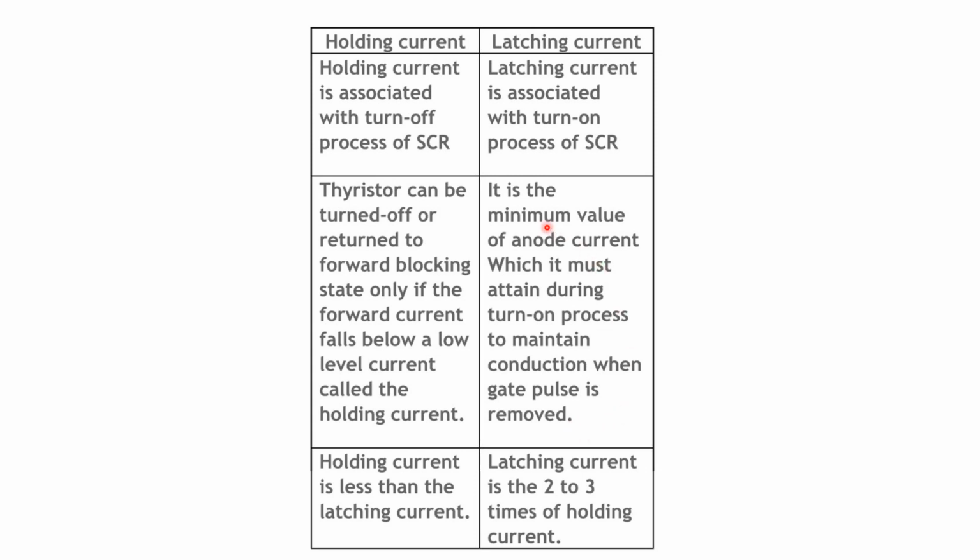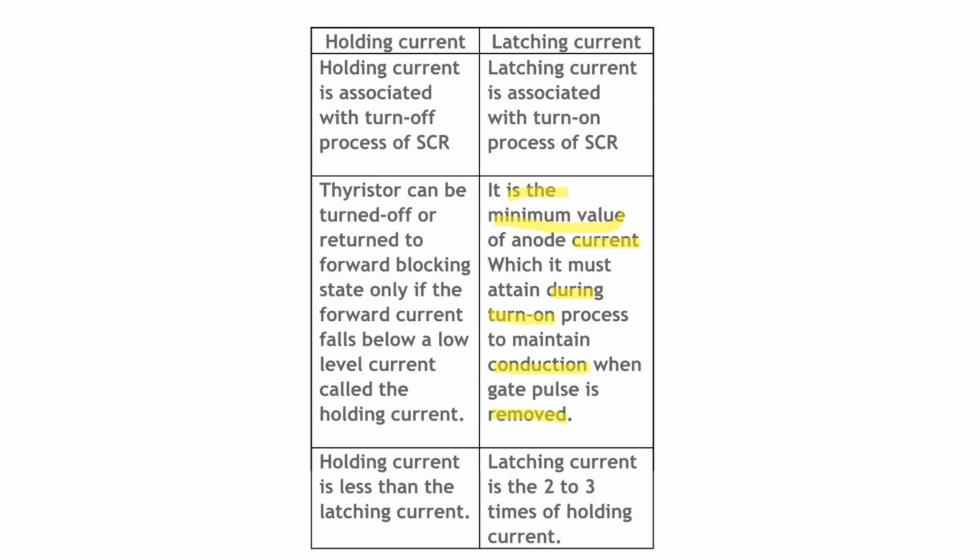It is that minimum value of current which it must attain. So latching current is the minimum value of current it must attain during the turn on process to maintain conduction, even if the gate pulse is removed.